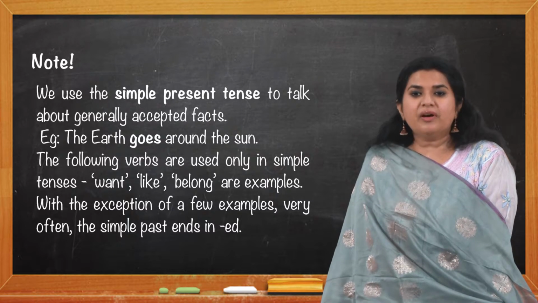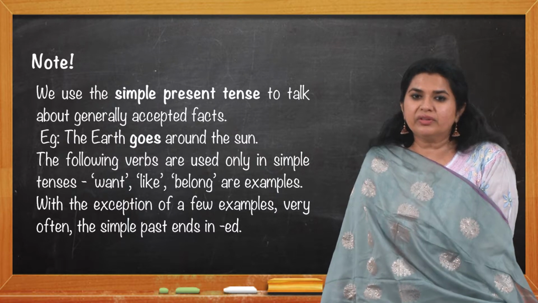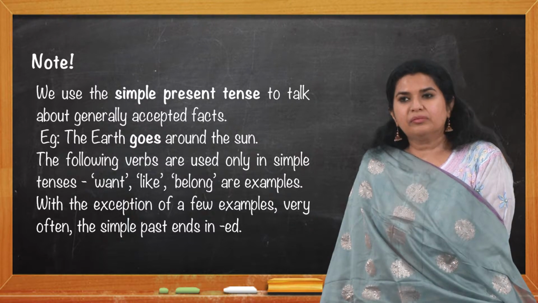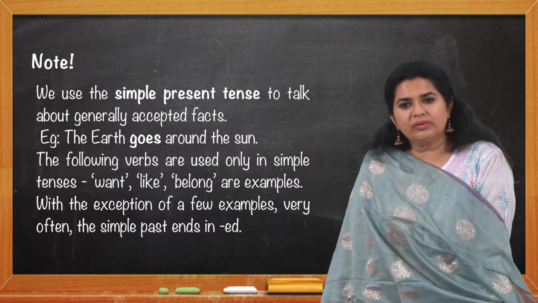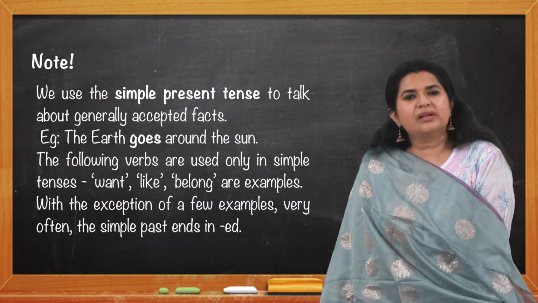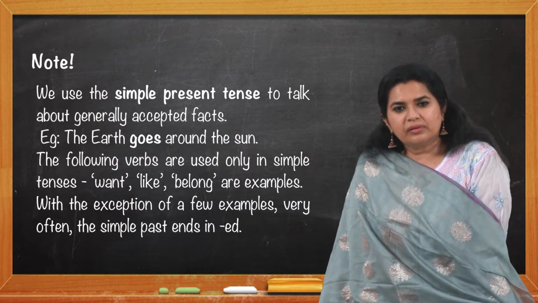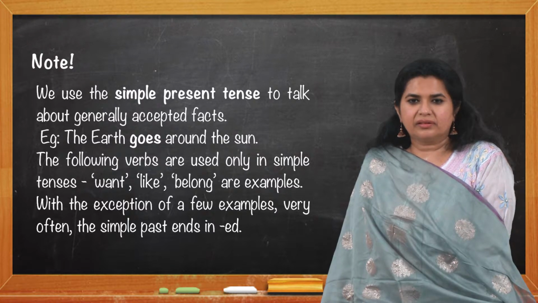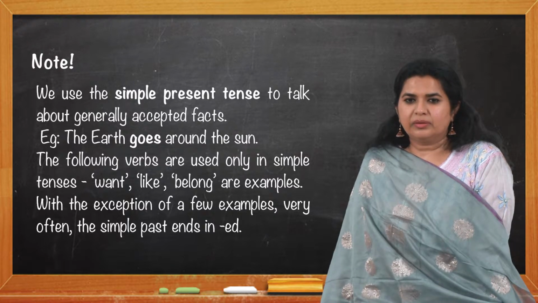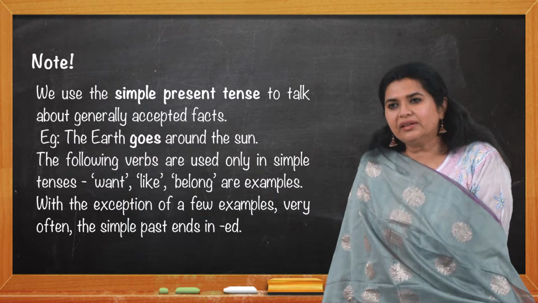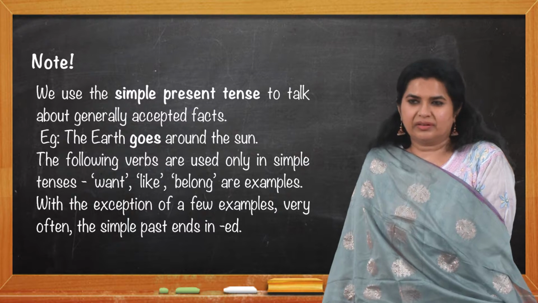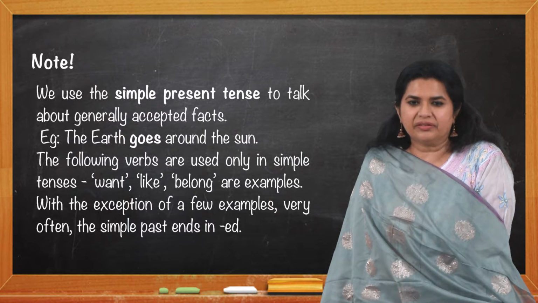The verbs which are always used in simple tenses are want, like, belong. So, I liked her, I like her, okay. I was liking her, no, you do not use such a sentence construction.